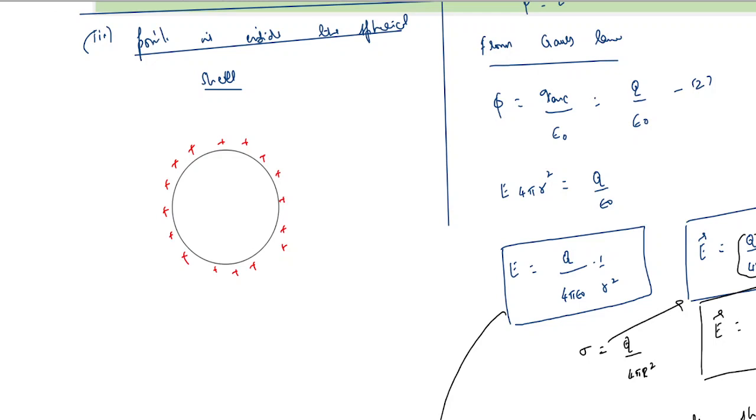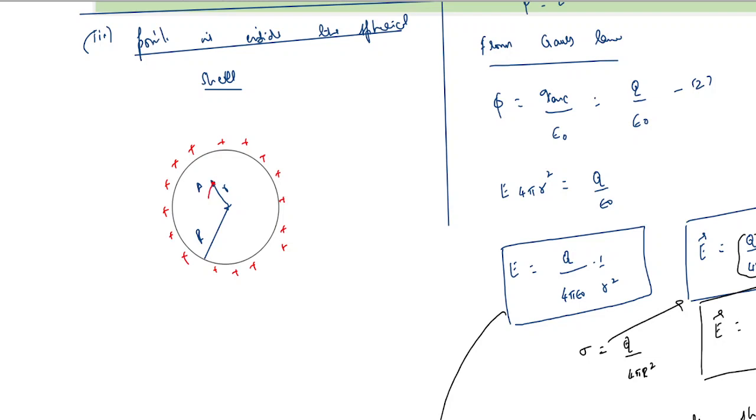Now do remember that the radius of the spherical shell is capital R. Now we want to find, say, the electric field at some point. So we want to find it at this point, say I'll call it point A, the distance between the center of the spherical shell to this point, let it be some r. We want to find it here. Now same as the previous discussions, even here also we can draw a Gaussian surface.